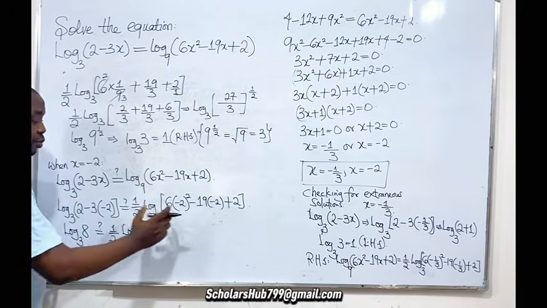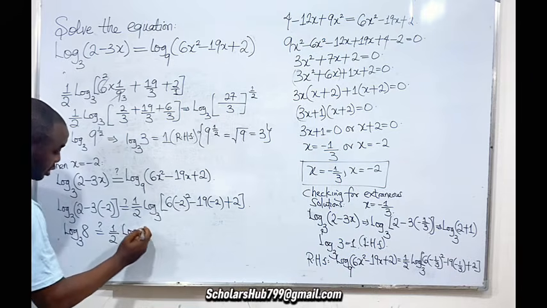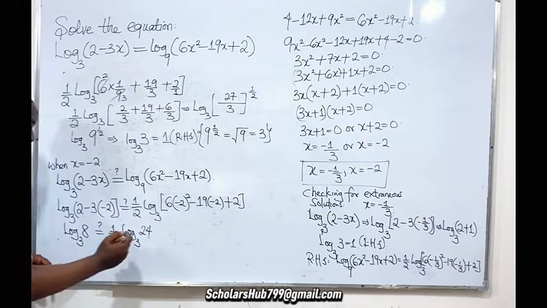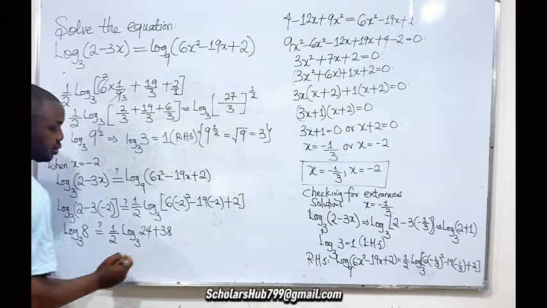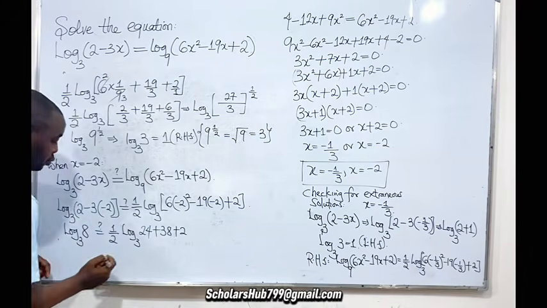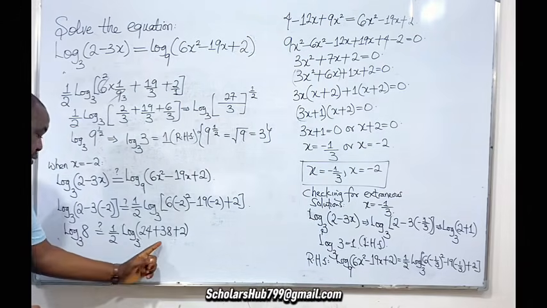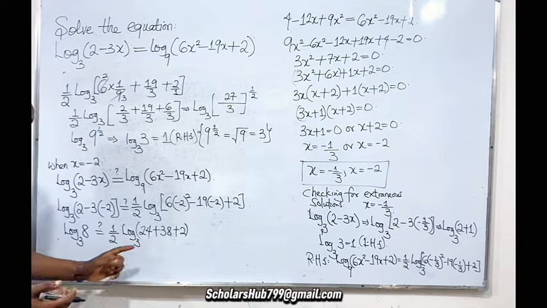That's minus 2 raised to the power of 2, which is 4. 4 times 6 will be 24. Minus 2 times minus 19 will be plus 38. Then plus 2. So this will be 40. 40 plus 24 will be 64.